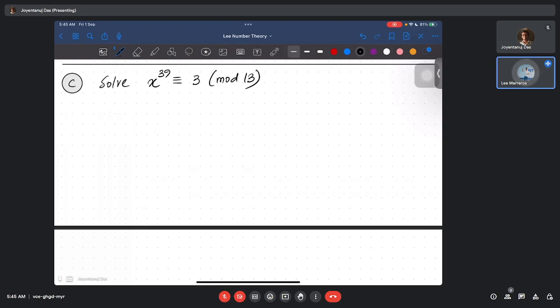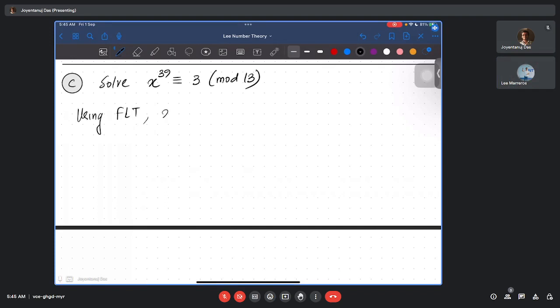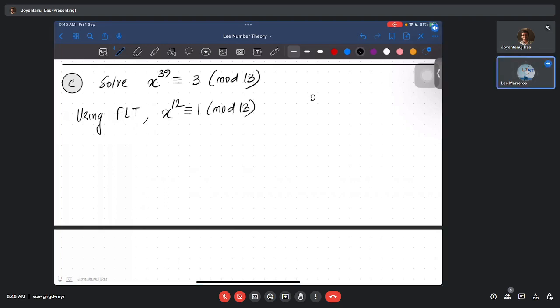We do the same thing. Using Fermat's little theorem, what I have is x power 12 is congruent to 1 mod 13. Now 39 is how many times 12? It is 3 times, so 36 plus 3.